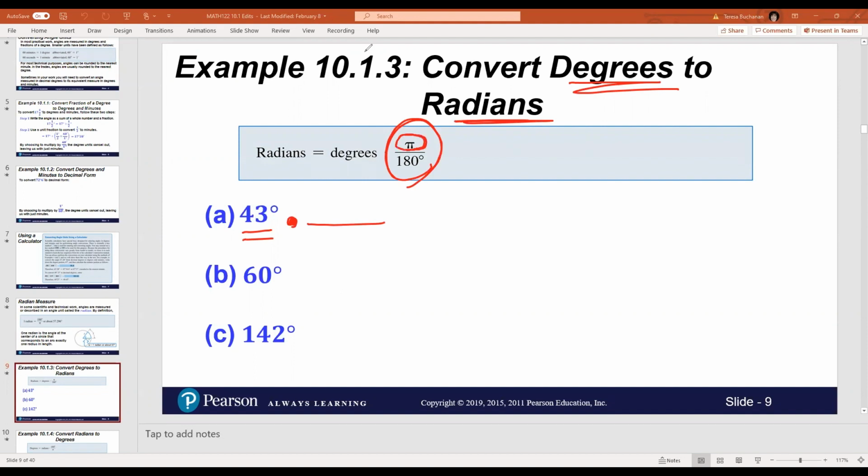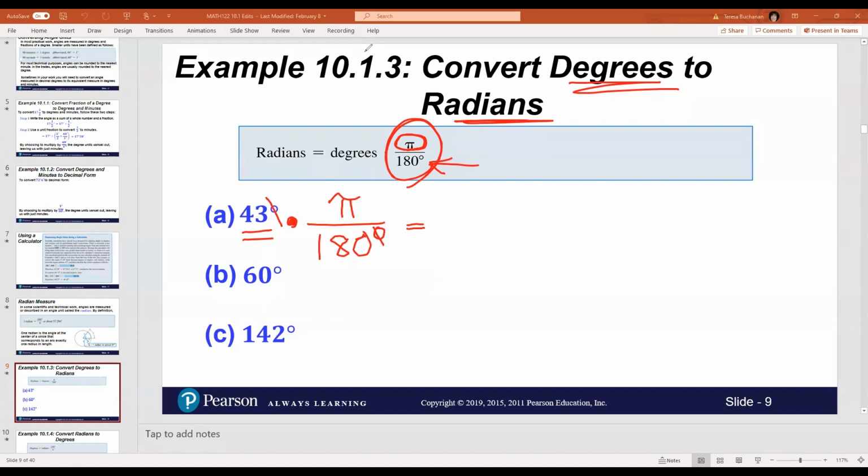This pi is in radians. The relationship we see right here says that 180 degrees is the same as pi radians. I put the conversion in this order because I want my degrees to cancel with those degrees. I'm canceling those units using that unit multiplier, because pi over 180 is a fraction equal to 1.